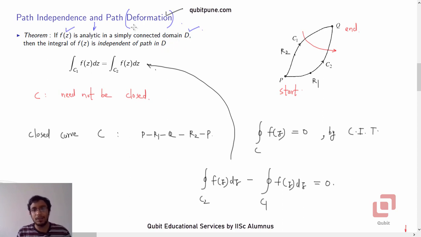So this is what we mean by path deformation. Of course, the function should be analytic throughout, only then the path independence will be satisfied. So this is what we mean by deforming a path, which is as good as changing it from one to the other, keeping the endpoints the same. All right.